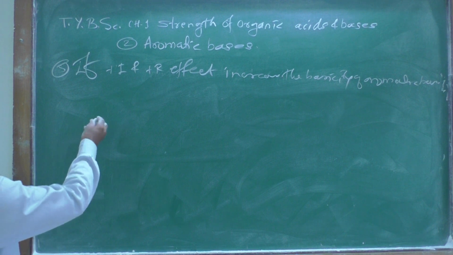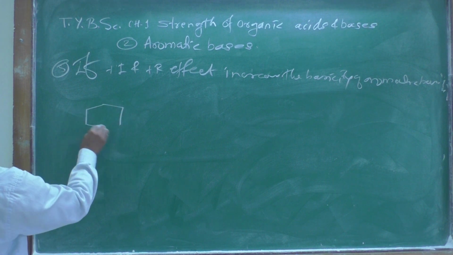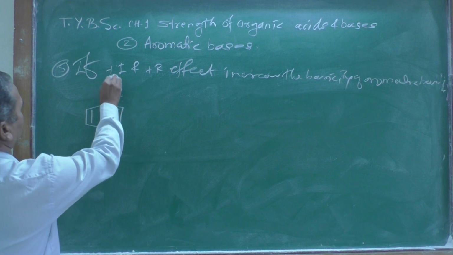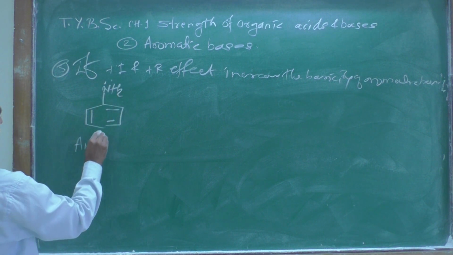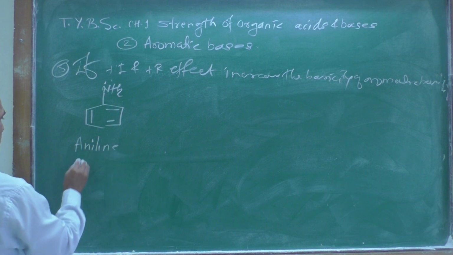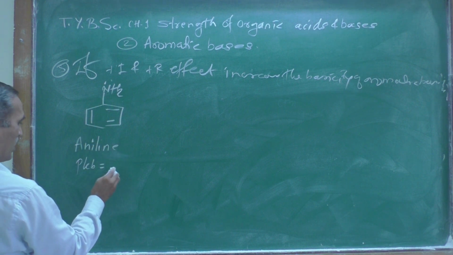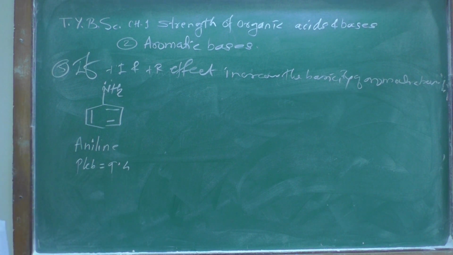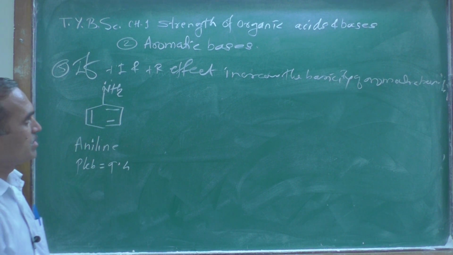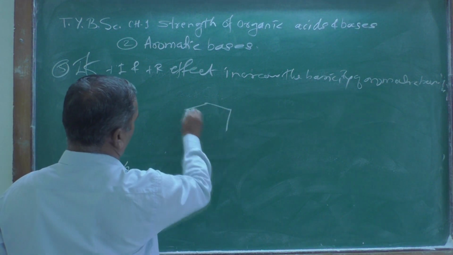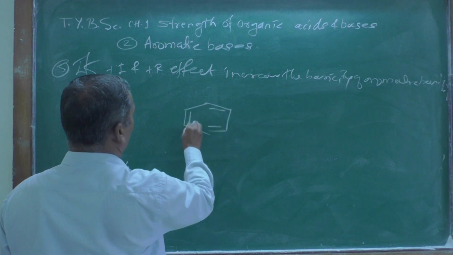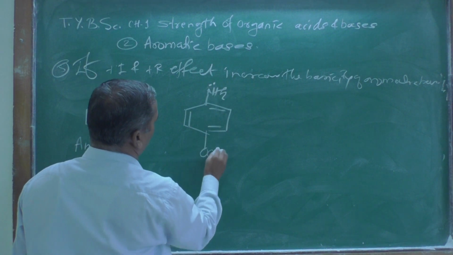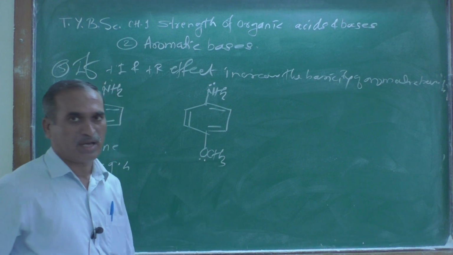Now let us look here. Suppose we have this structure, NH2, and as we know, aniline has a pKb value of 9.4 as usual. Now I am connecting NH2 and putting a methoxy group at the para position.